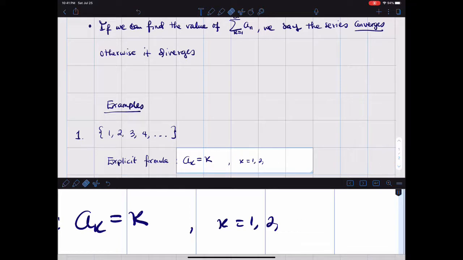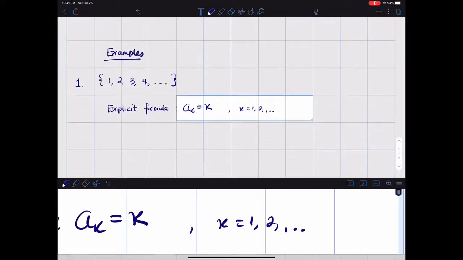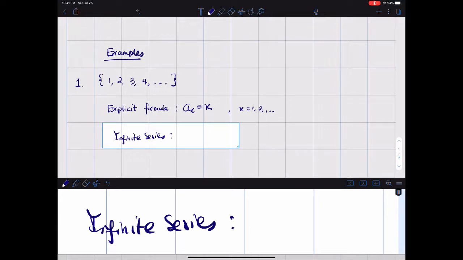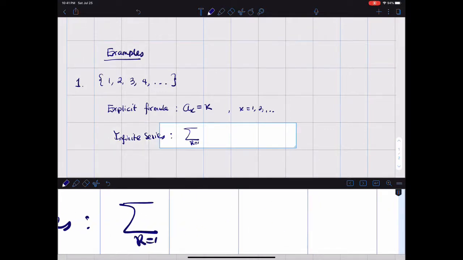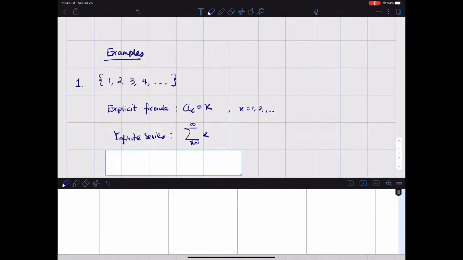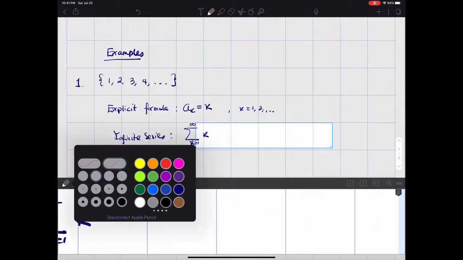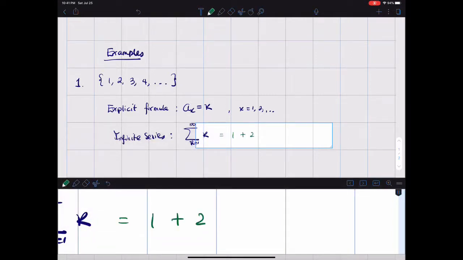So the infinite series would be the summation of k from 1 to infinity of just k. Okay? So we're summing 1, 2, 3, 4. This is the same thing as 1 plus 2 plus 3 plus 4 and so forth.